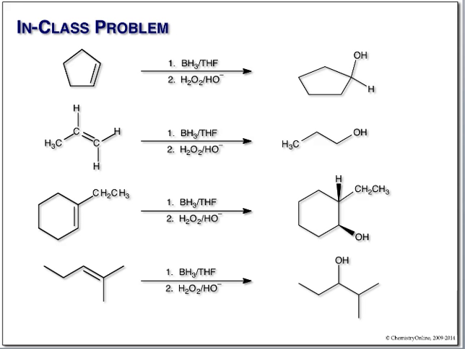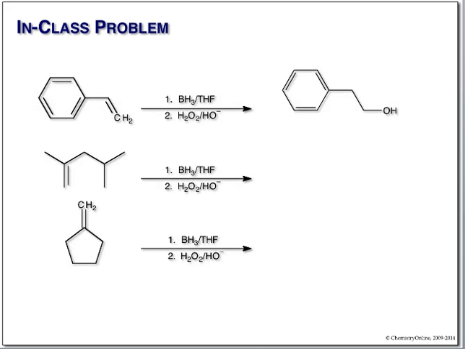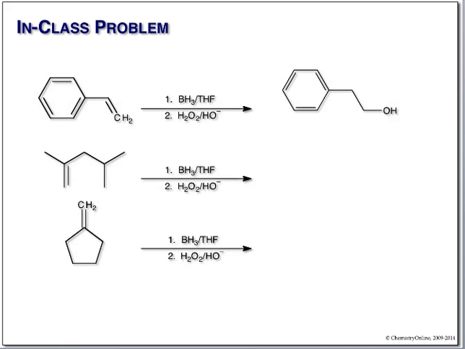Our next set of three. Well, there they are. Well, I guess that's the product. But we're starting with styrene. This would be our most stable carbocation, that is the benzyl one.